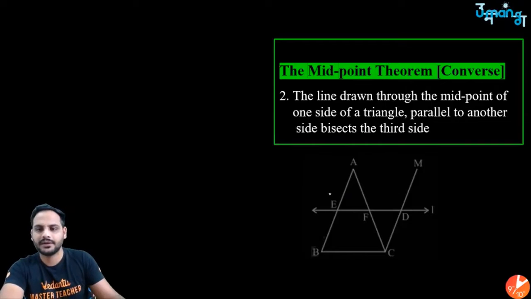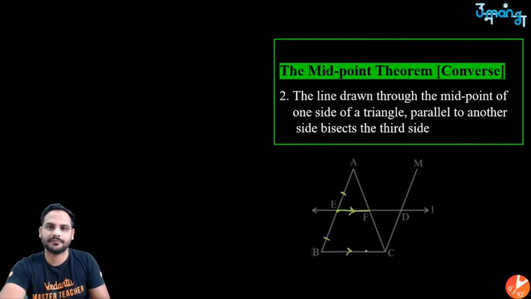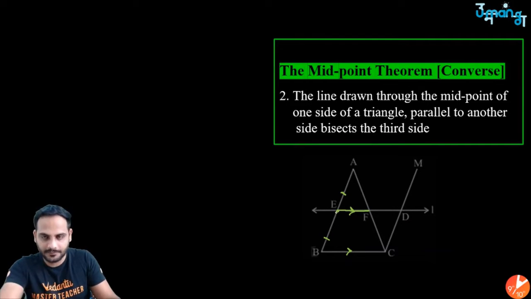In that, we will say suppose E is the midpoint of AB, and through E I am drawing a line. Now look, the line can be drawn in many ways, but I will draw a line in such a way that this line is parallel to BC. So through the midpoint of any one side of a triangle, I draw a line parallel to another side.